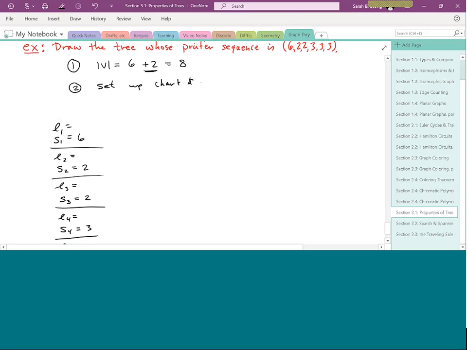We're also going to set up a list of potential vertices. Remember, we're going to assume that our vertices are labeled 1 through the number of vertices we have. So over here to the side, our list of potential vertices is going to be the numbers 1, 2, 3, and so on. Where do we stop?